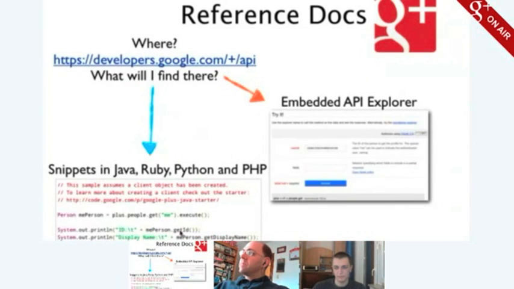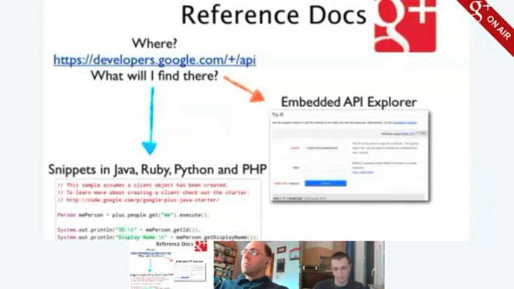So now that you know what you can access, how do you actually learn how to use it? The reference docs are a great place to both start and then to return to as you're doing your development. And one of the things that makes our reference docs really cool is they're not just a list of methods and attributes and that kind of stuff. We have code samples in some popular languages, specifically Java, Ruby, Python, and PHP.